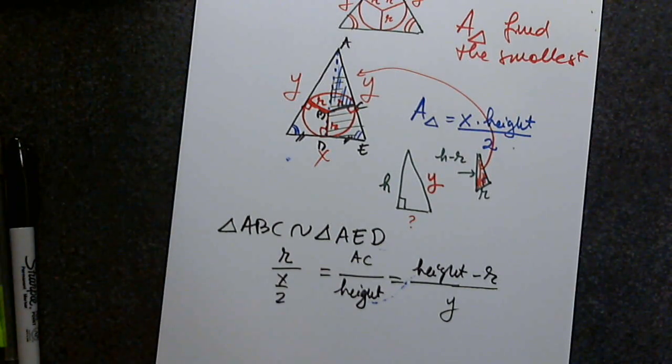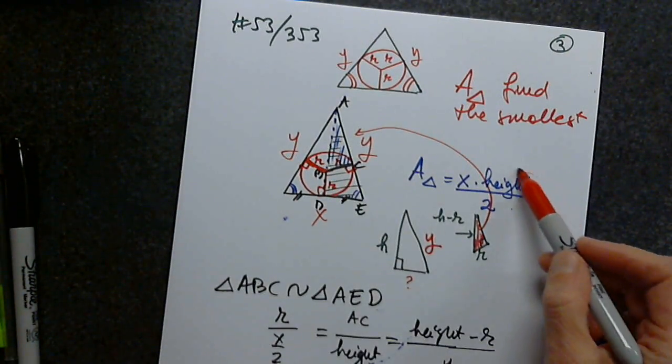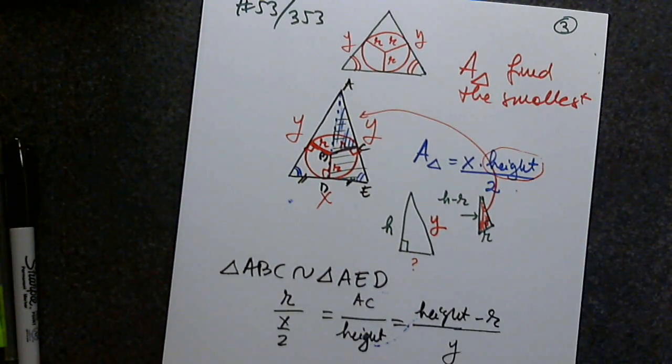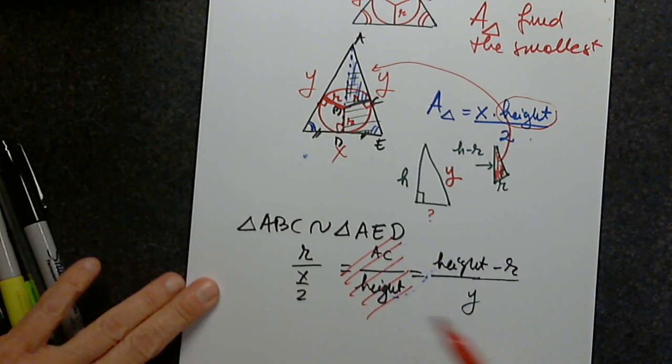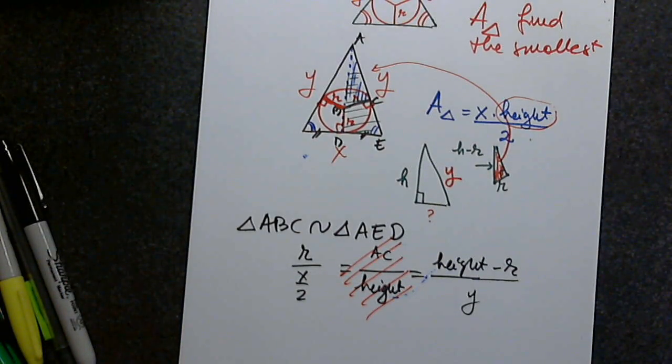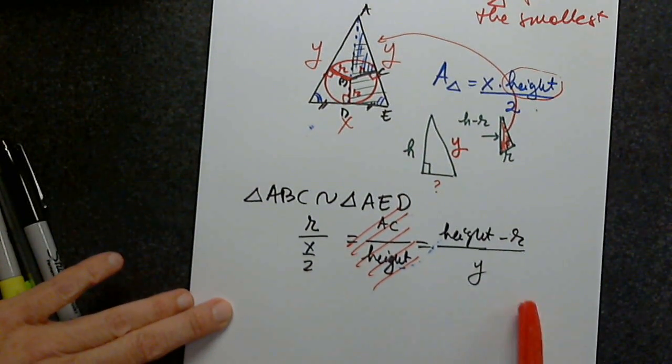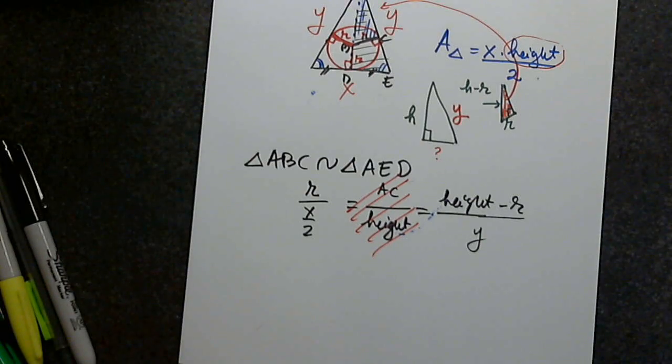So all I want is to express the height in terms of x. That's my hope. I'm not going to use this because I know nothing about AC. I'm not going to bother with AC. So I'm going to use this proportion, and I'm going to cross multiply and see what happens.